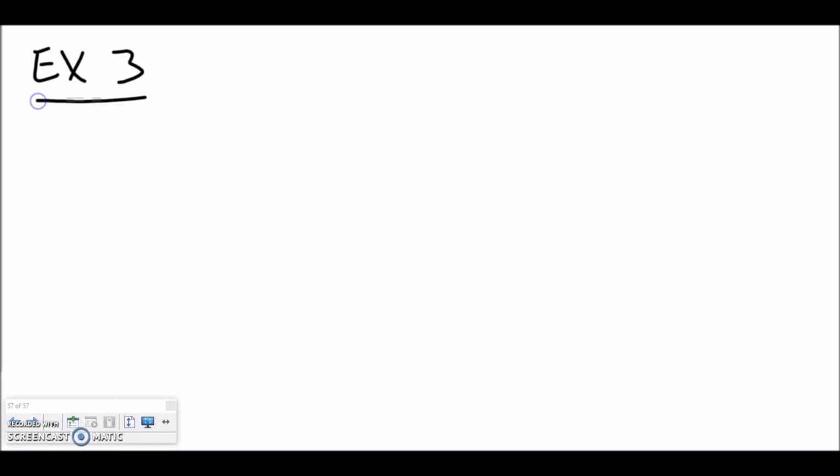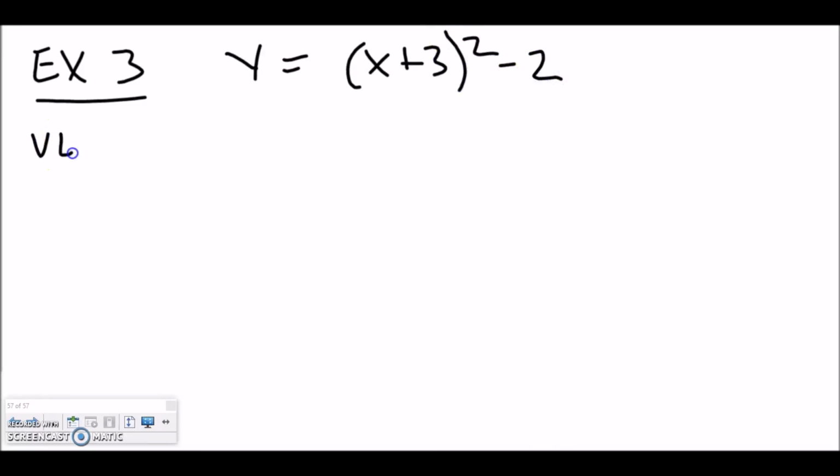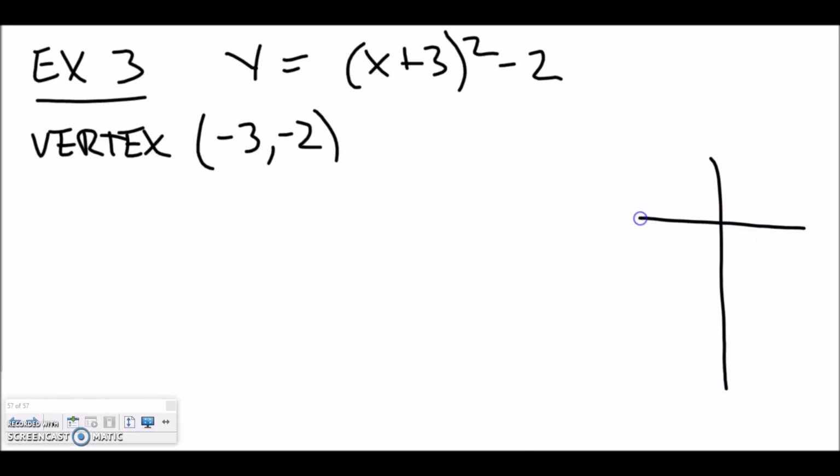Example 3. y equals (x plus 3) squared minus 2. Start off with our vertex: (-3, -2). 3 left, 2 down, vertex.